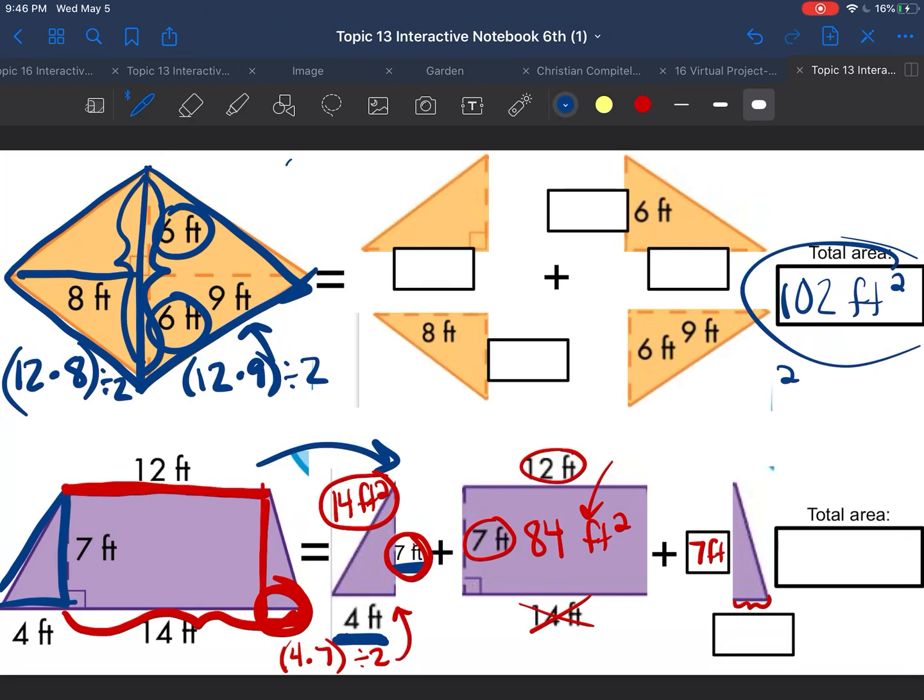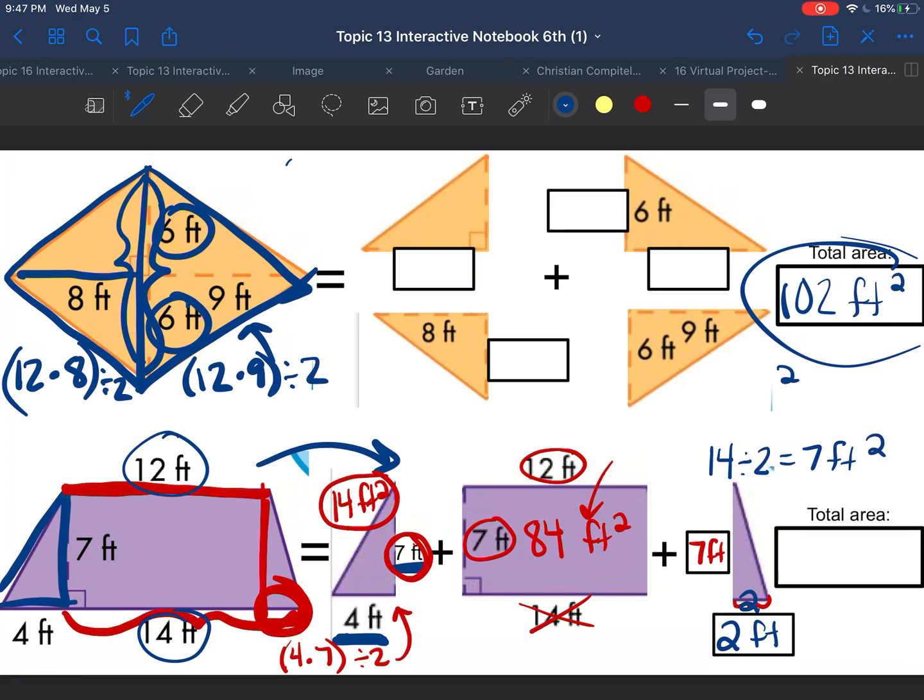The base would be 2 feet, because 14 minus 12 is 2. So now to find the area of this triangle, 7 times 2 is 14, but then you have to divide by 2. So 14 divided by 2, we would get 7 feet squared.